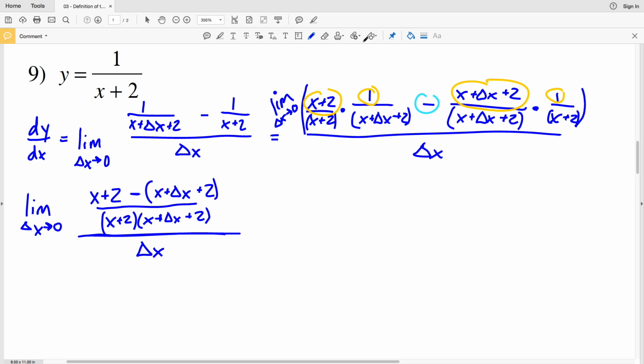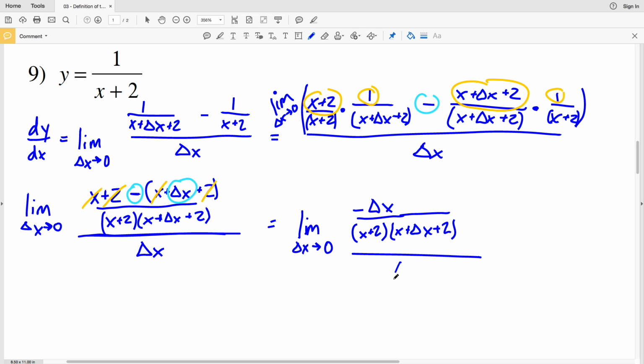So, simplifying this, x minus x is 0, and 2 minus 2 is 0. So I'll have the limit as delta x approaches 0 of negative delta x, and that's all over x plus 2 times x plus delta x plus 2, and then that entire quantity is divided by delta x.